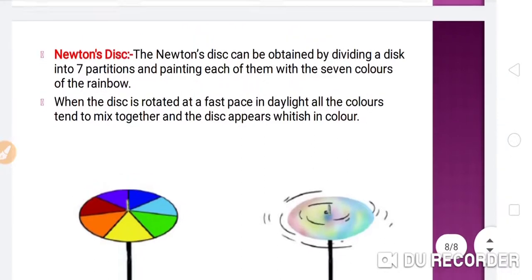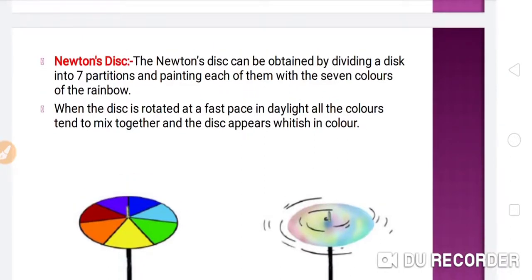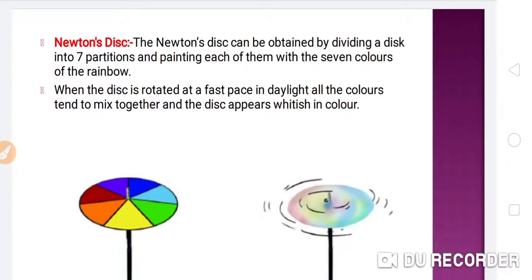Now come to the last topic for this chapter, that is Newton's disk. Newton's disk can be made by dividing a disk into 7 partitions and painting each of them with the 7 colors of the rainbow.